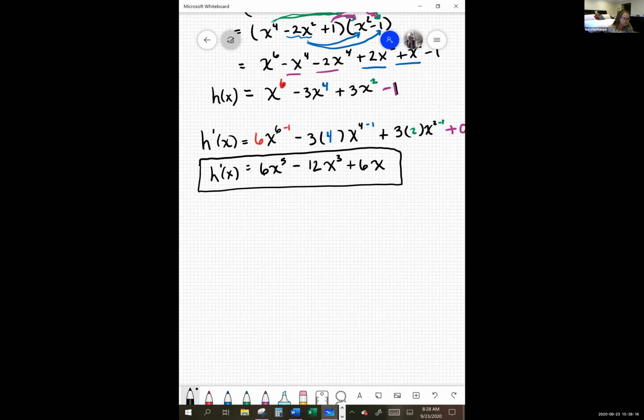Find the slope of a tangent line to the graph of a given function at the given value of x. So find the equation of the tangent line. So for example, let's say you have y is equal to negative 3x to the 5th minus 8x cubed plus 4x squared.